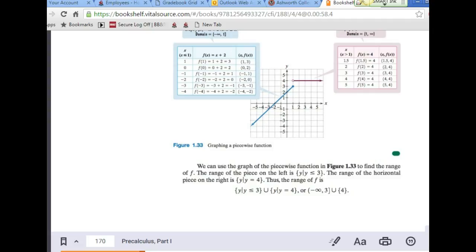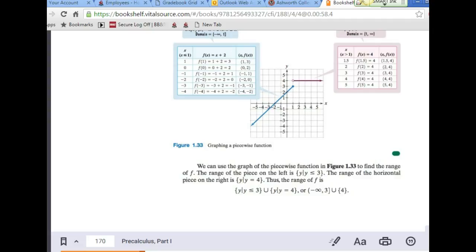The range of the piece on the left is, and here's just wording, y such that y is less than 3. The range of the horizontal piece on the right is y such that all the y values were equal to 4 because it was a constant one. The reason this is 3 is because every answer over here was less than 3. And so that's what they're stating right there.